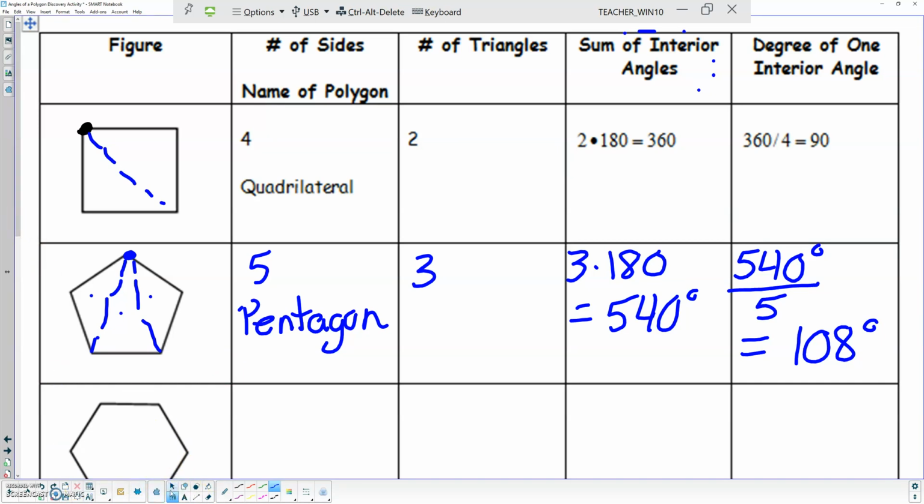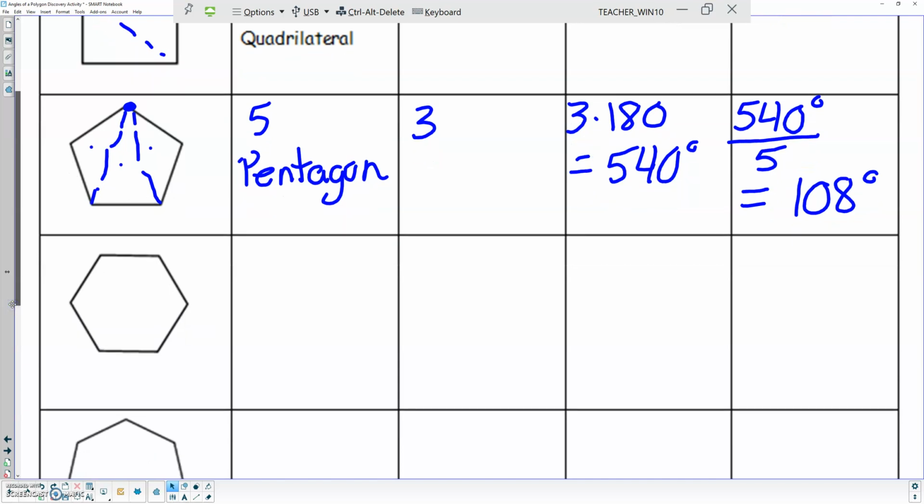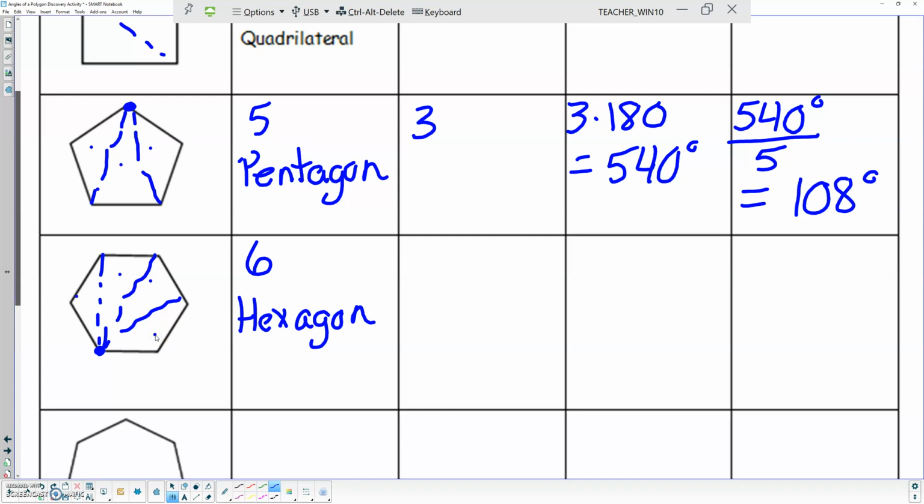Okay, next shape has 6 sides, so that's a hexagon. Again, it doesn't matter what vertex I start at, and I want to divide this up into the minimum number of triangles possible. We get 1, 2, 3, 4 triangles formed.